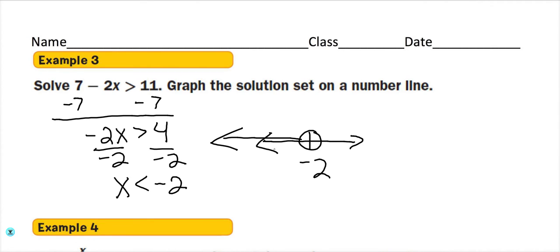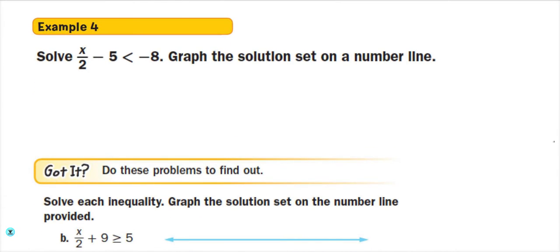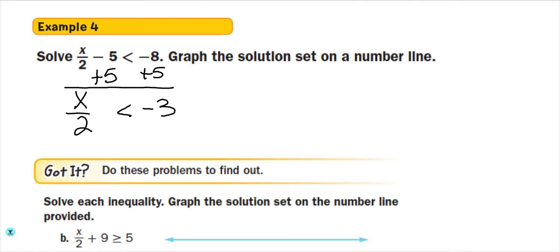All right, let's take a look at example 4. We have x over 2 minus 5 is less than negative 8. So for this one, we're going to add 5. And that's going to give us negative 3. So we have x over 2 is less than negative 3.